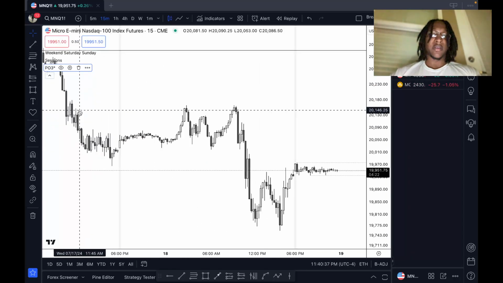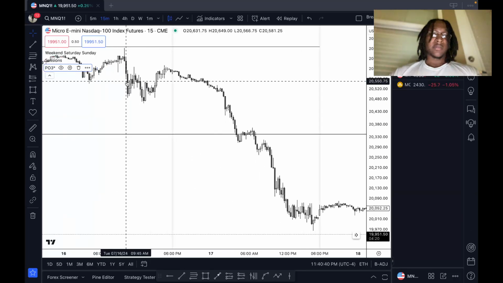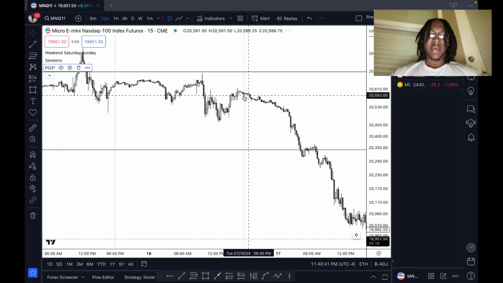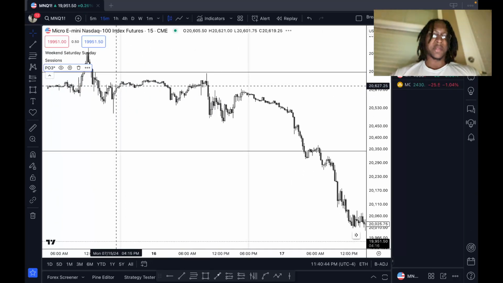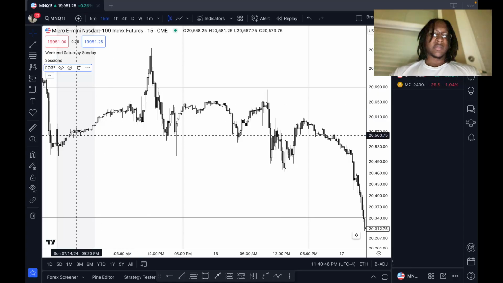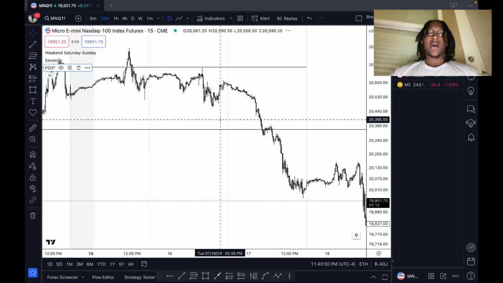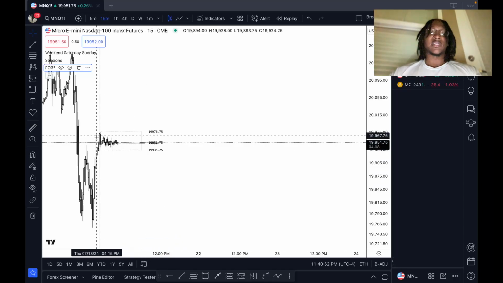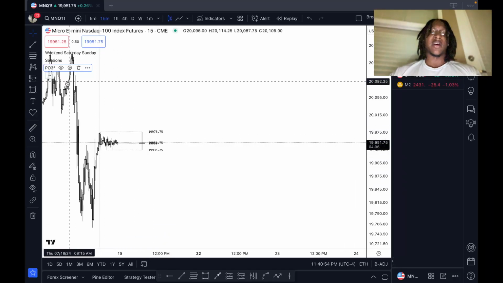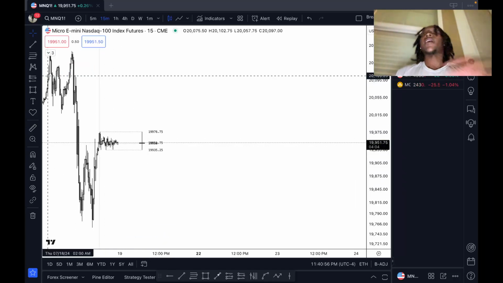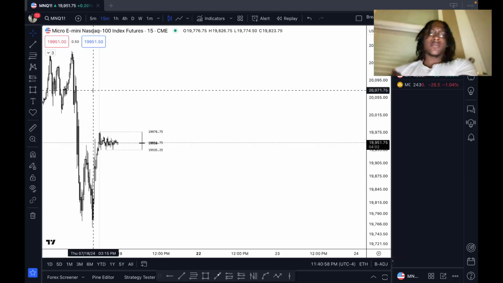New day opening gap here, tiny opening gap there, tiny opening gap there, nice opening gap here. So that's mainly why I use the 6 p.m. open instead of midnight, just so I have a full idea of the daily range.